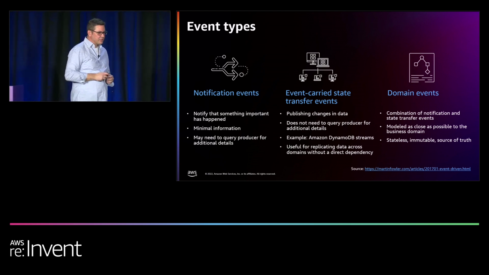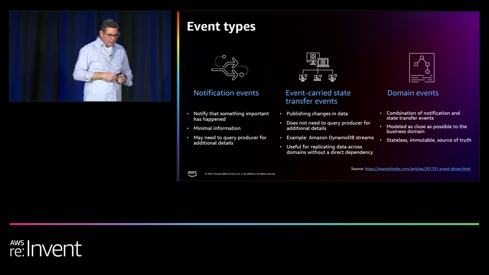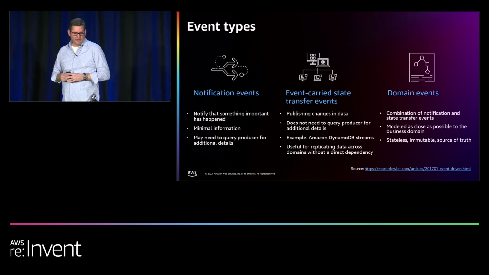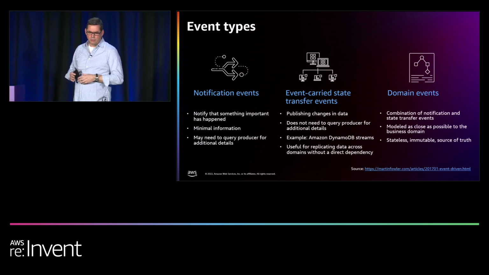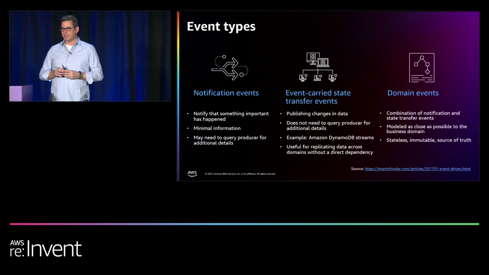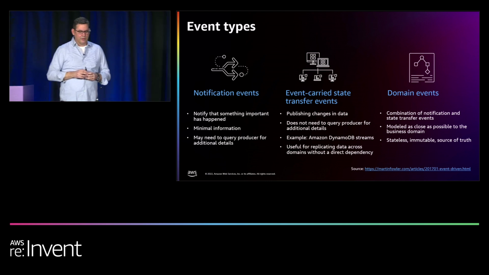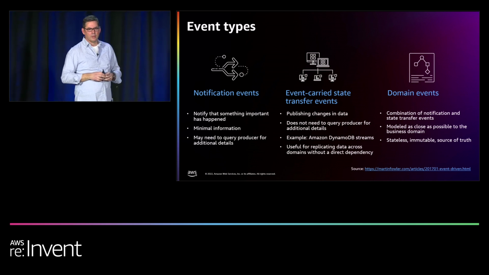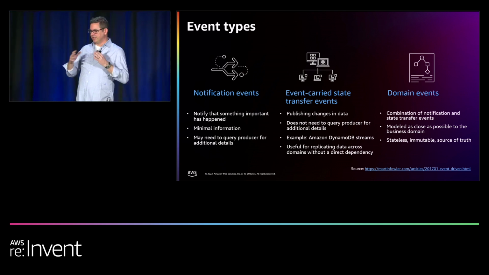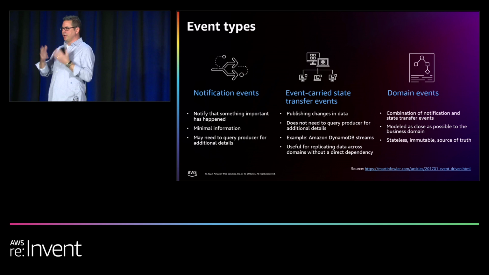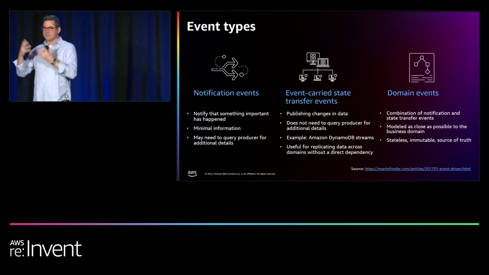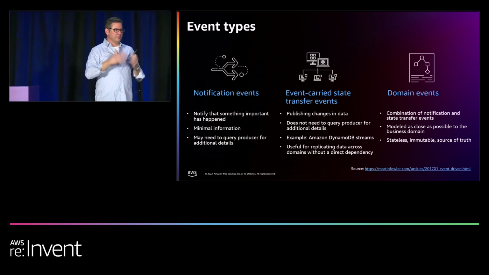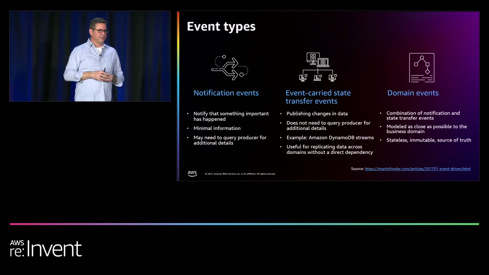The event-carried state transfer event is fundamentally an event type that we consume when we want to capture changes in information. Now, think about the events that are emitted by, say, a DynamoDB stream. These events effectively represent a delta of items in our tables that have changed.